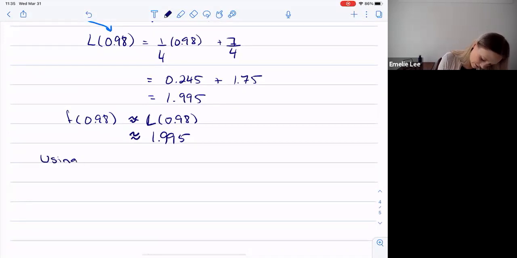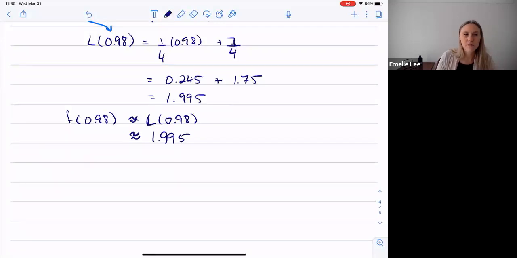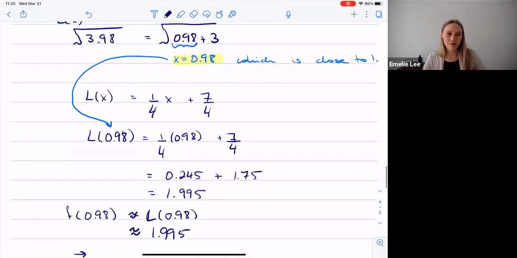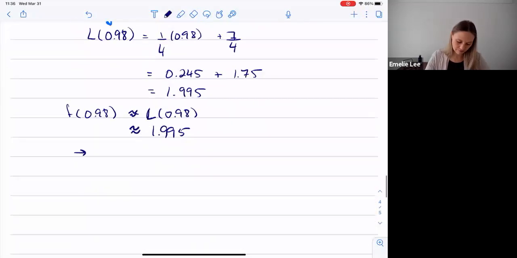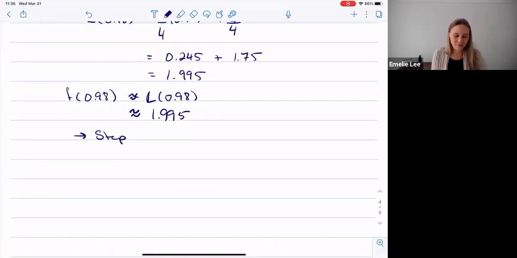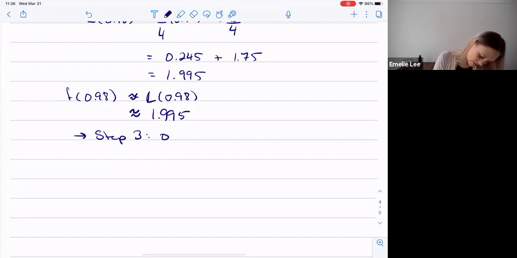Using a calculator, and maybe I'll call this step 3, but we're going to do it for 4.05 as well. So kind of breaking it up into a tree. Step 3, over or underestimate.